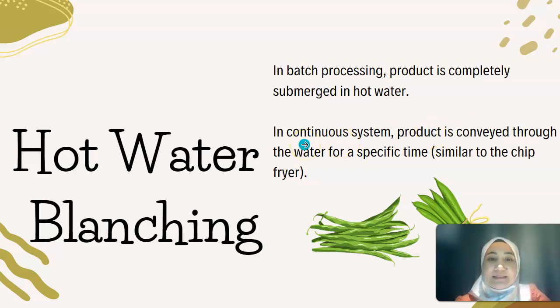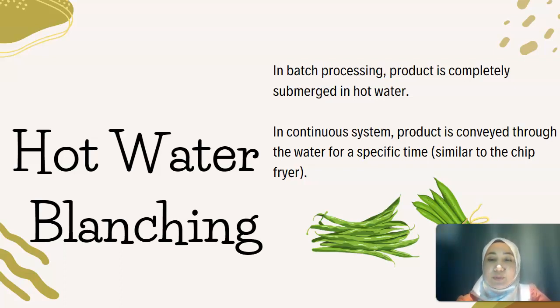The second type of hot water blanching can be used for a continuous system. That means the product is conveyed through the water for a specific time. The time used to blanch the sample or the products depends on the sample or the products itself.